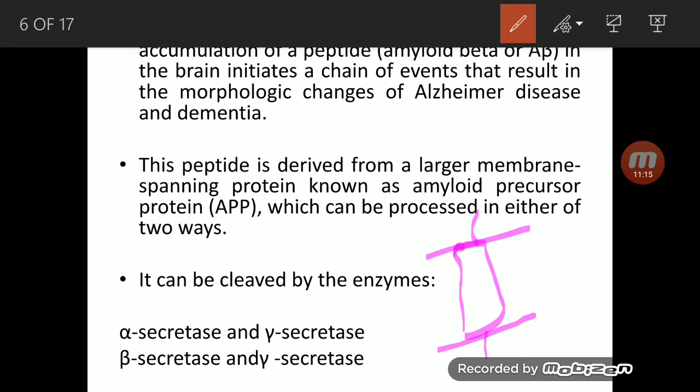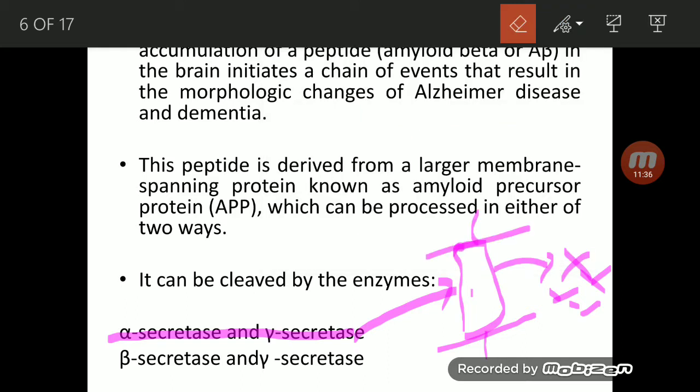Okay, so in order to do that, this APP is cleaved by different enzymes. So if this APP is cleaved by alpha secretase and gamma secretase, then your cleaved product, they do not lead to any pathological conditions. It is normal, so there is no harmful effect coming out from it.